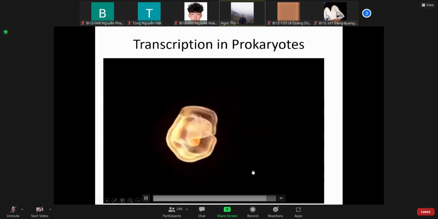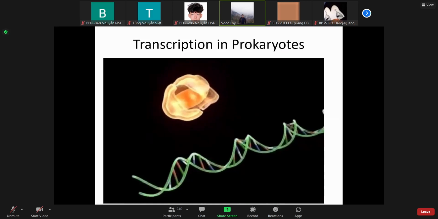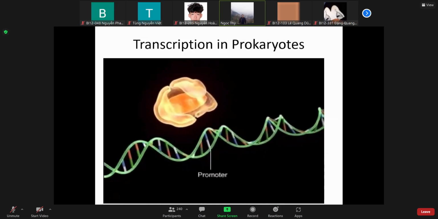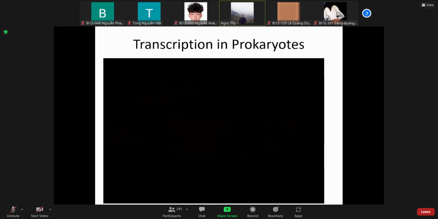As soon as the transcription factor reaches the termination region, it releases the mRNA and the transcription process finishes there.